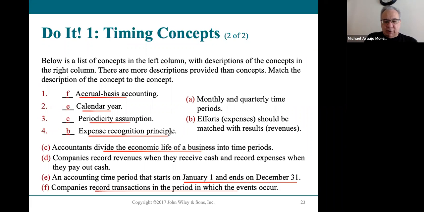The expense recognition principle, very much like the revenue recognition principle, right? We have to make sure all the expenses are recorded in the time period they happened when we earn the revenue. And that's learning objective 1 in chapter 4, introduction. Questions on that?